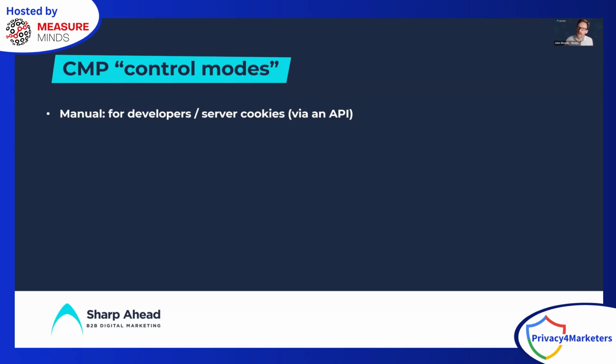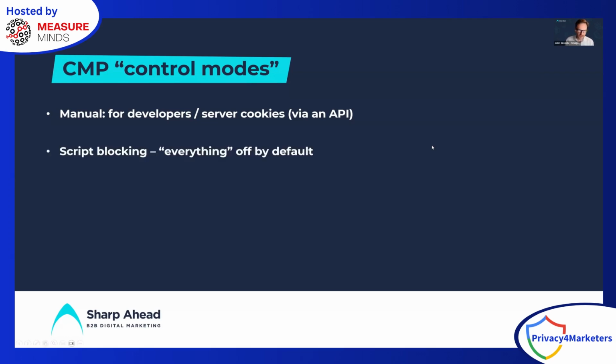There'll be an API or multiple APIs of some sort, so that you can query the consent state of the user and you can change the behavior of your site accordingly. So this is a developer task, but in some cases this is what you may need to do, depending on what your tech stack is like and how it behaves and performs.